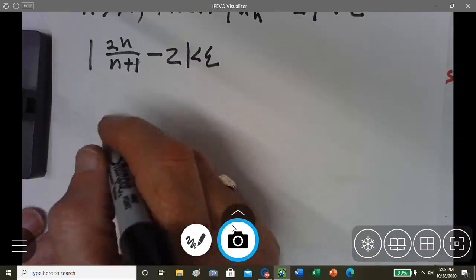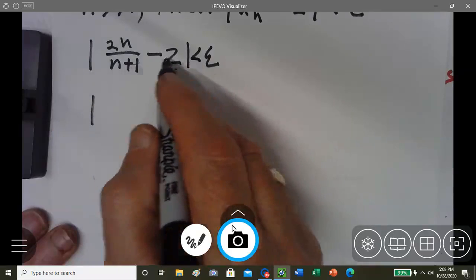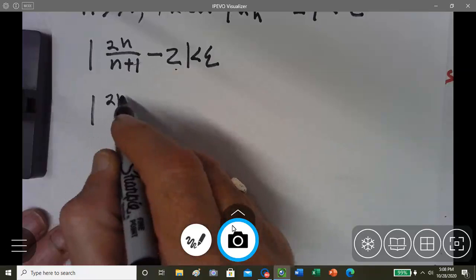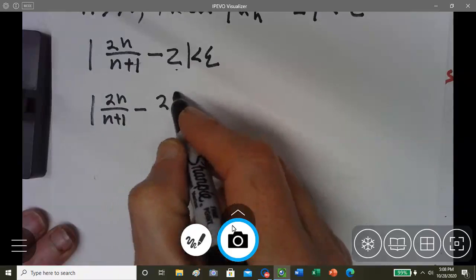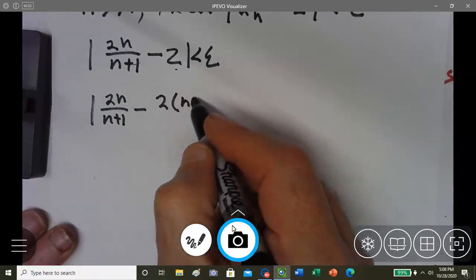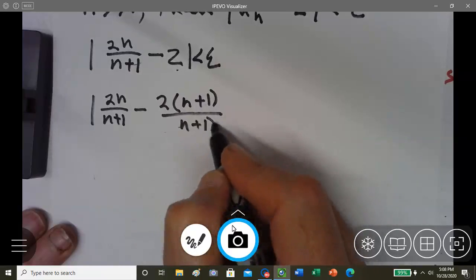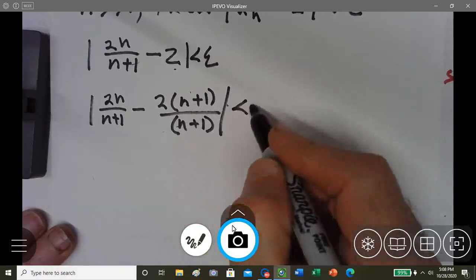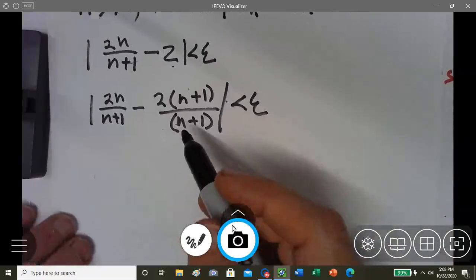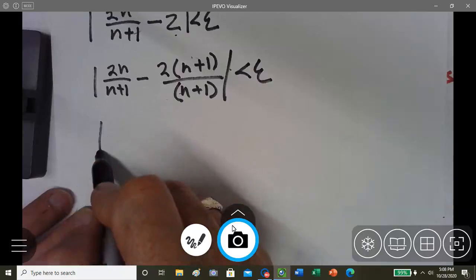So from here, we need a common denominator. So that's going to be 2n over n plus 1 minus 2 times n plus 1 over n plus 1, because n plus 1 over n plus 1 is 1, and that's less than epsilon. Now we distribute that 2 and combine under one denominator.